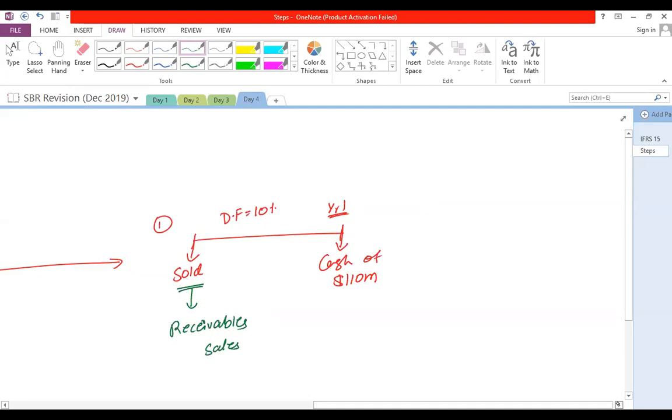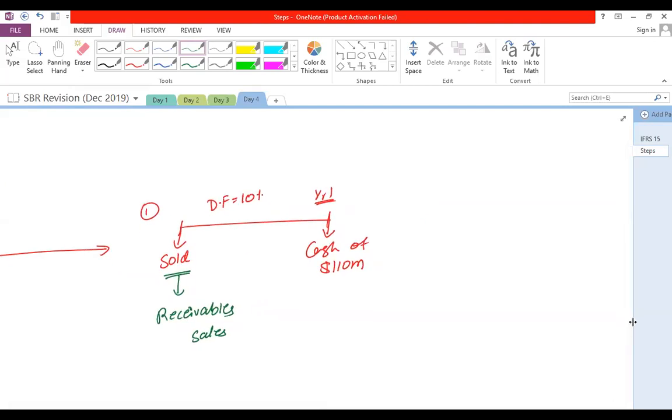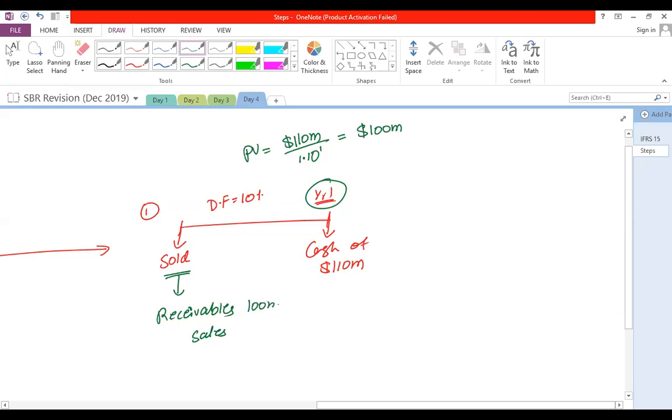But because we are receiving the cash after 1 year, we should be recognizing it at the present value. So the present value would be $110 million divided by 1 plus i to the power n, where i is 10%, n is 1. So we should be recording the sale at only $100 million, because that is the present value of the cash that we will be receiving.